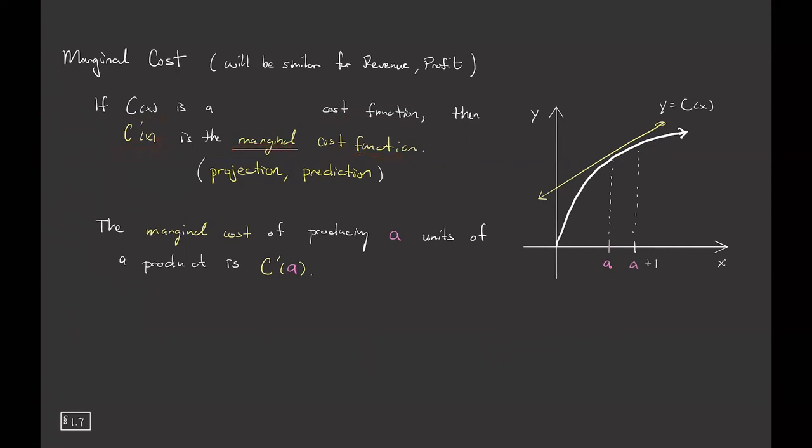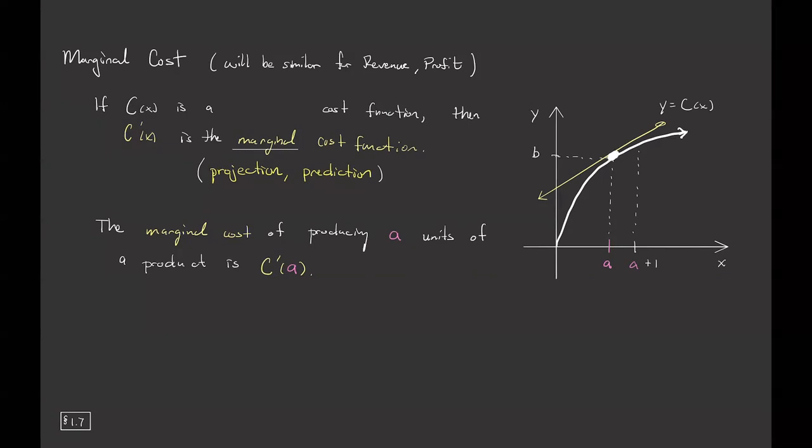Now, I don't know that I really love the term marginal. I might have preferred something like projection cost function or prediction or something like this. The reason being, let's say that you are producing a number of units of something, and you know that cost happens to be whatever. Let's say it happens to be here, and if that was A, let's do B here.